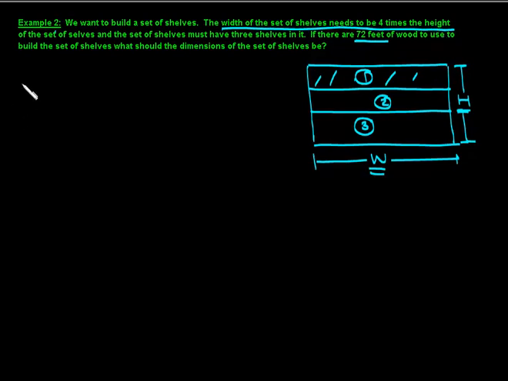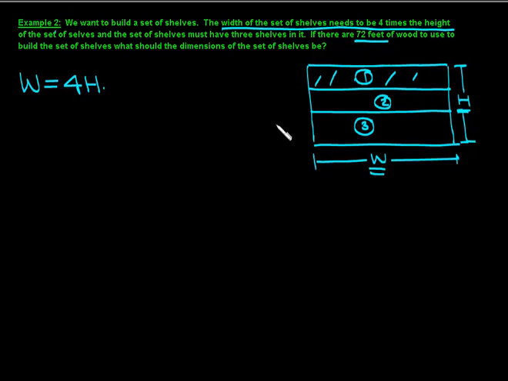So let's start with the first one. They've told us that the width of the set of shelves needs to be 4 times the height, so W should equal 4 times H. Remember, the height is H, width is W. So we got that done. The next thing is they've told us 72 feet of wood. So think about it.